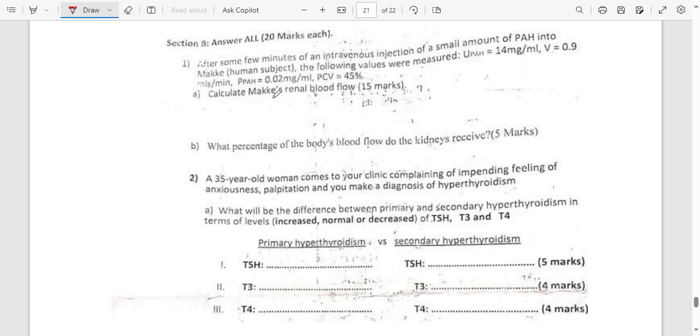Calculate renal plasma flow. How do you calculate renal plasma flow? Anyone to help? Renal plasma flow.